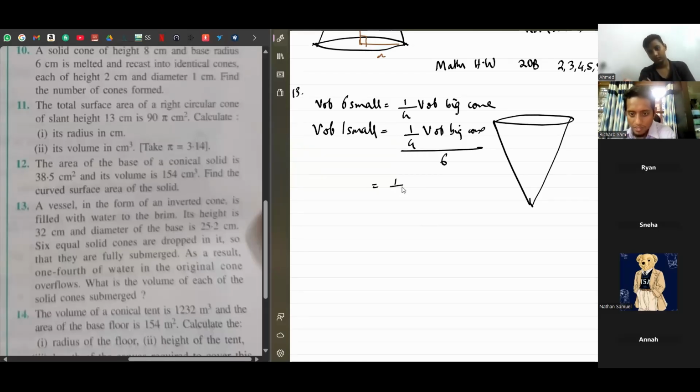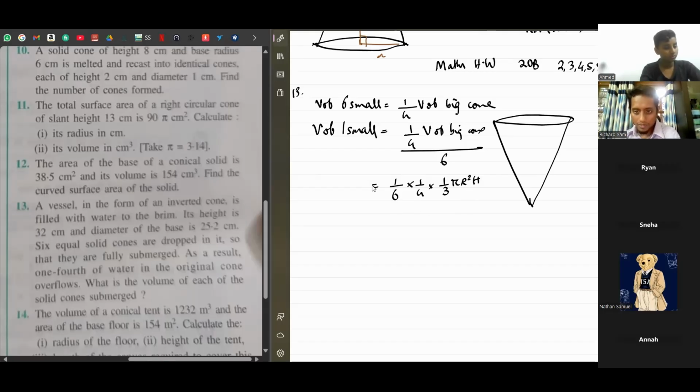So divided by 6 means 1 by 6 into 1 by 4 into volume of big cone, which is 1 by 3 pi r square h. Did you understand this formula? 1 by 6 parts into 1 by 4 of the volume of the big cone.